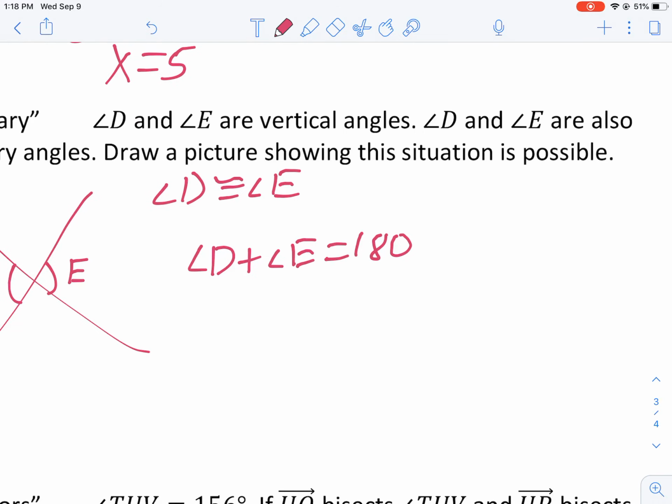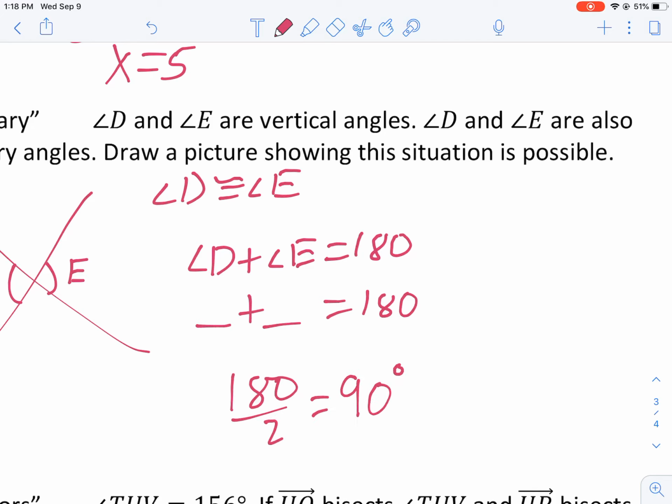So if we think here, all right, if angle D and angle E are the same and they add up to 180, that means the same number plus the same number equals 180. So that means both of these have to be half of 180. So if we do 180 divided by 2, that gives us 90 degrees, all right? So 90 plus 90 equals 180. So that means angle D and angle E are both 90, all right?